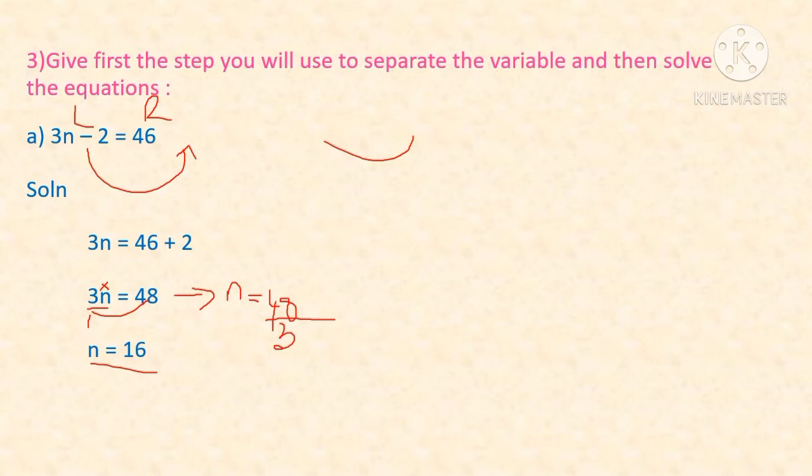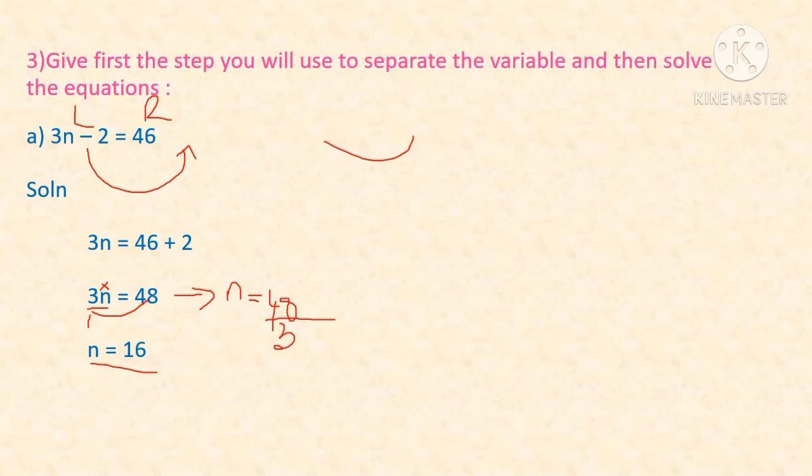48. Bring that 3 to the right hand side, children. What does 3n mean? 3n means 3 into n. So when you bring this 3 to this side, we write it in the denominator, because 3 is 3 by 1; if there is no number in the denominator, it means 1.